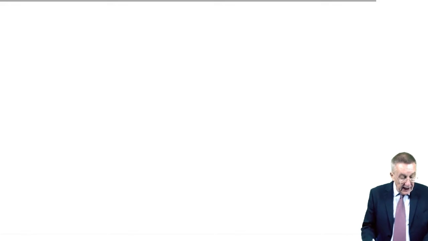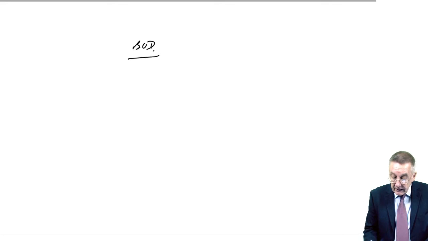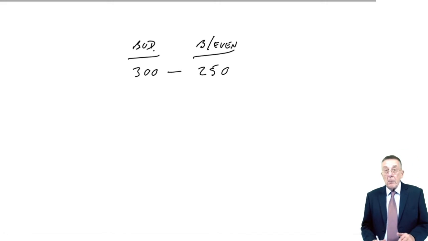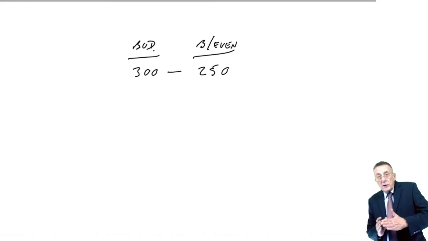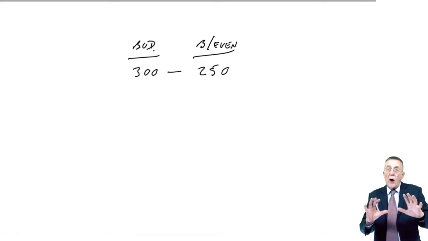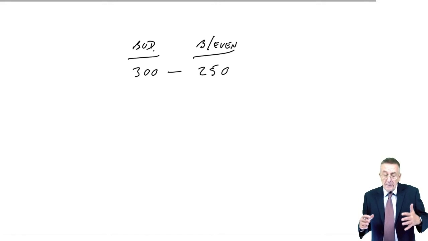To get the margin of safety, you take the budgeted figure, which was 300 units, minus the break even. We need to sell at least 250. And so we can afford to be 50 units wrong.